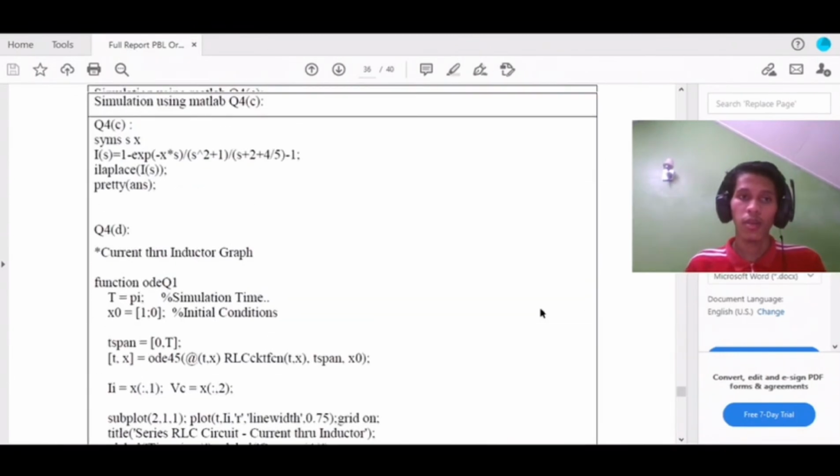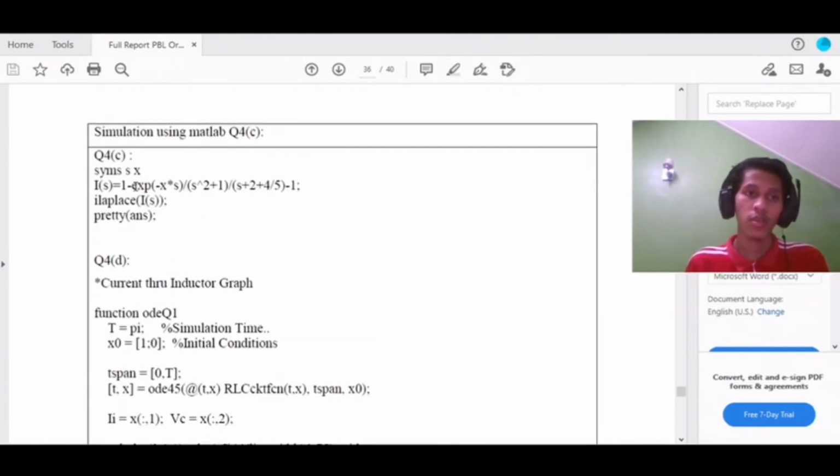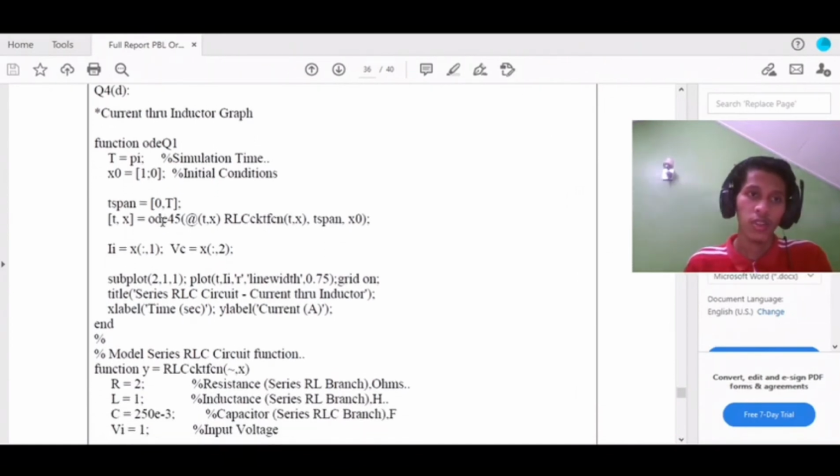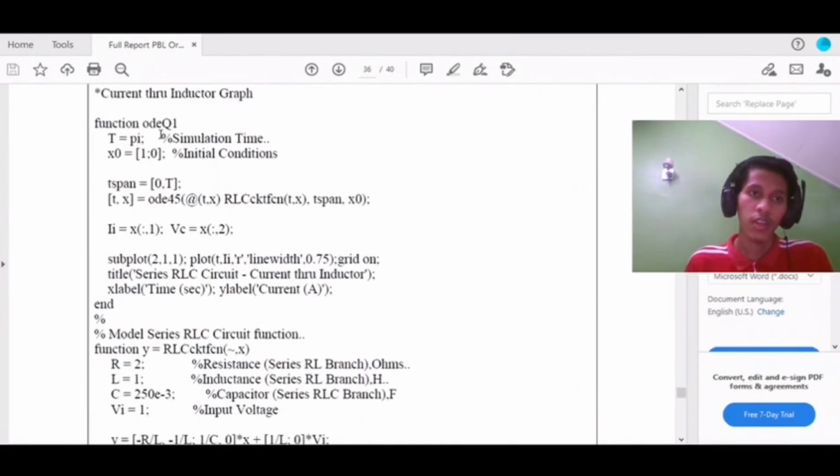For the MATLAB that I use for 4C, sin x is 1 negative exponent x plus s squared plus 1 times s plus 2 plus 4 over 5 minus 1. For question 4D, I plot the current through the inductor. The estimation time at 0 is 1, with power zero initial condition.